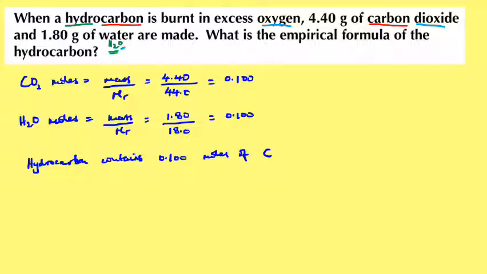Okay, now water is slightly different because look, we've got H2O. So 1 mole of H2O contains 2 moles of hydrogen. So the original hydrocarbon must have contained 0.2 moles of hydrogen atoms. So the hydrocarbon contains 0.1 moles of carbon, but 0.2 moles of hydrogen.